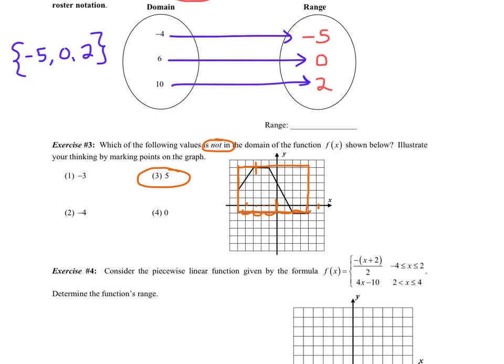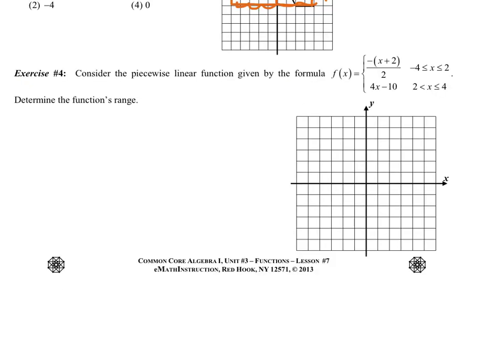This last question is another piecewise function, and I'll walk you through this one as well. So the question says, consider this piecewise linear function given by this formula. And again, this formula is a little weird, right? It's got this bracket here, and it's split up into two parts. It wants us to graph this when x is between negative 4 and 2, graph it like this. And then when x is from 2 to 4, graph this thing. So I'm going to make a table, fill in values, and then graph.